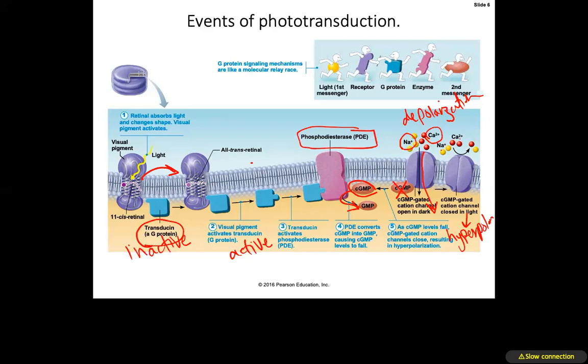However, when you have light present, 11 cis retinal becomes all trans retinal, which causes the activation of the transducin.